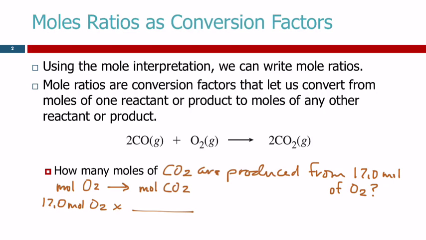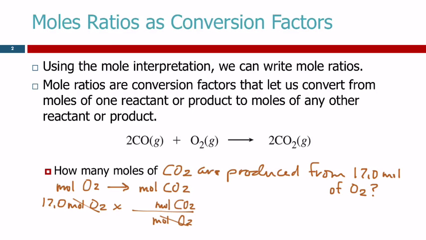And then I want moles of CO2 on the top and moles of oxygen on the bottom. Always put the units in first and then put the numbers in. What's the relationship between moles of CO2 and moles of oxygen?